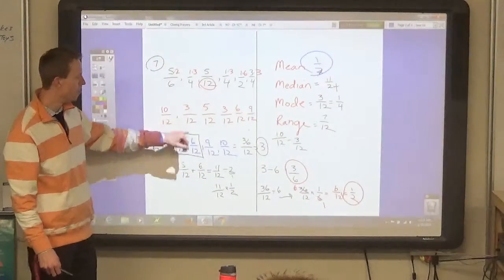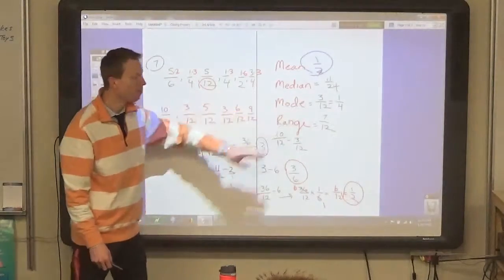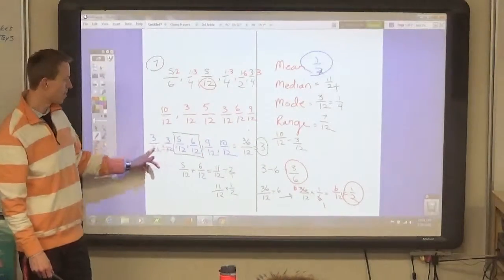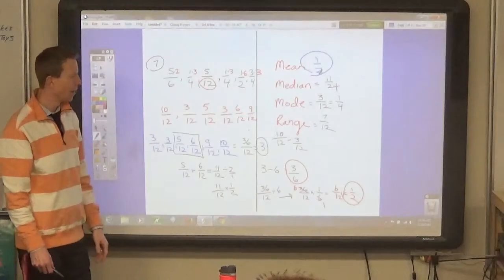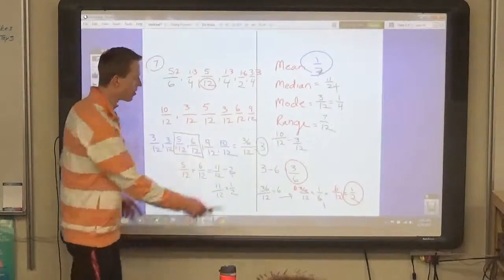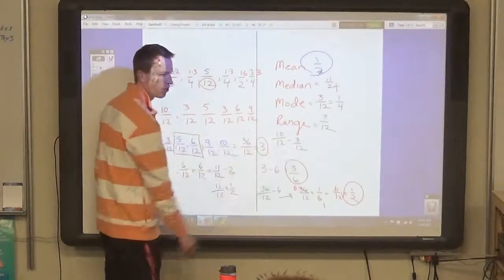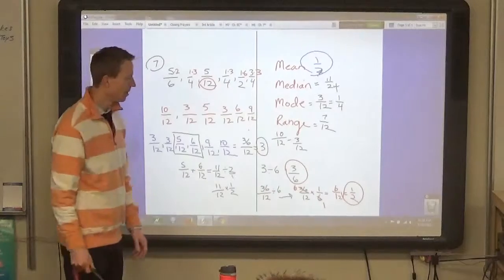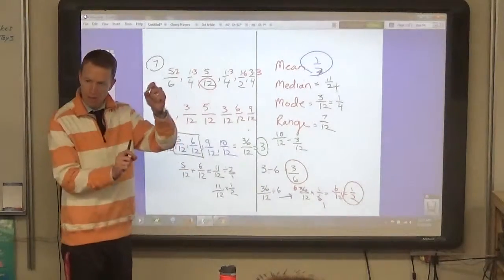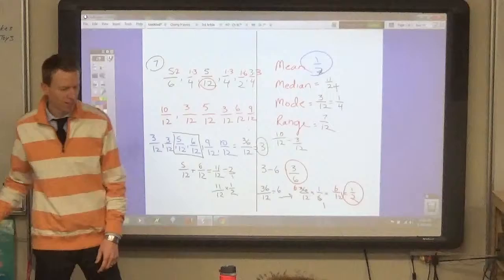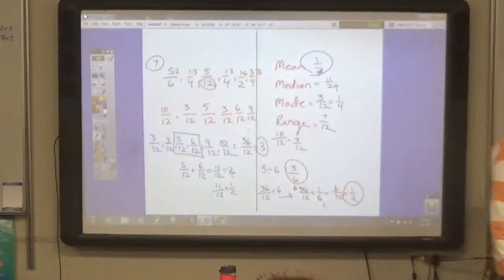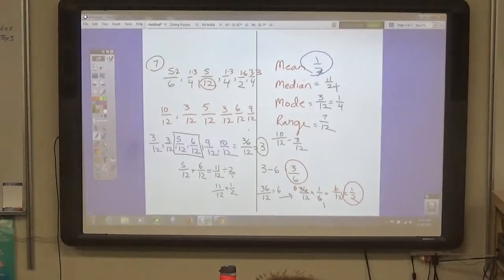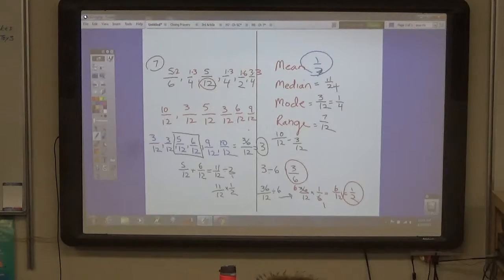You all can find the mode, the one that occurs most often, 1/4. You all can find the range, 10 twelfths minus 3 twelfths. And then you just add them up, divide by the number of numbers, so you multiply by the reciprocal. Voila. You've got all 4: mean, median, mode, and range. Alright? Remember this problem. Remember how to review this if you need to, okay?